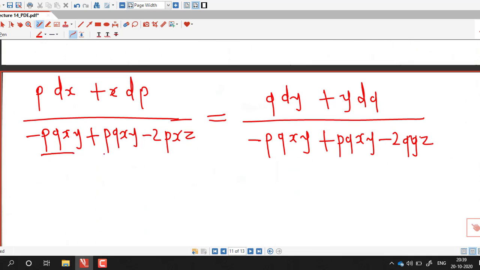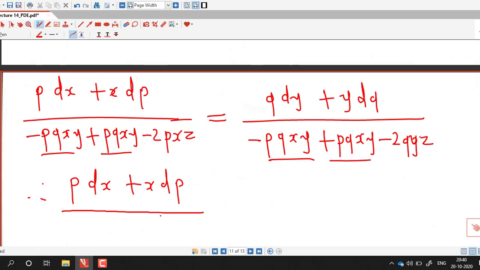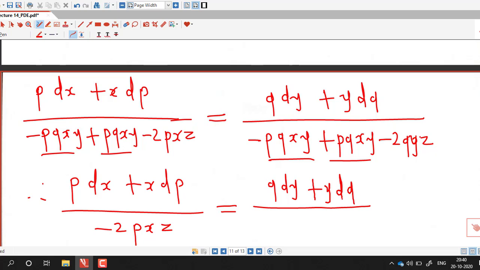Now this pqxy will cancel out, here also pqxy will cancel out, so we are left with p dx plus x dp divided by minus 2pxz, equal to q dy plus y dq divided by minus 2qyz.